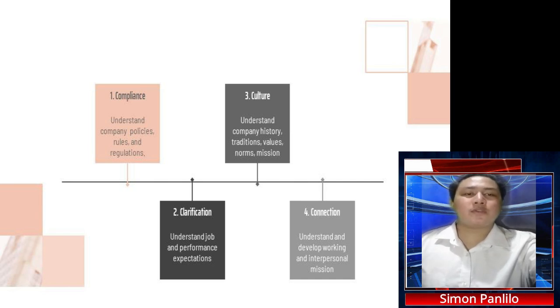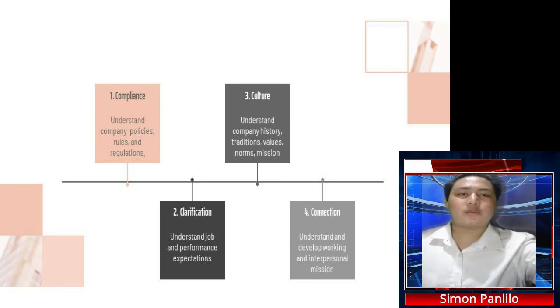This will include what is their role in the company, what is their job to be done in the company, and what are your expectations to them as an HR. So this is why orientation is so important, to discuss things with your employee, such as what is their role in the company, what is their job to be done, and what are your expectations to them as an HR, as I said earlier.